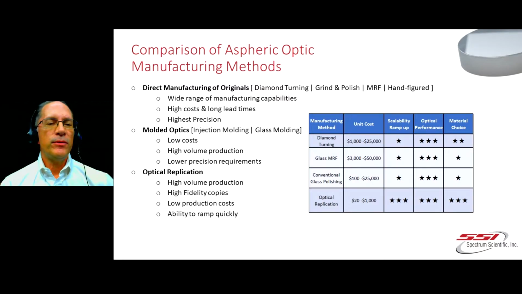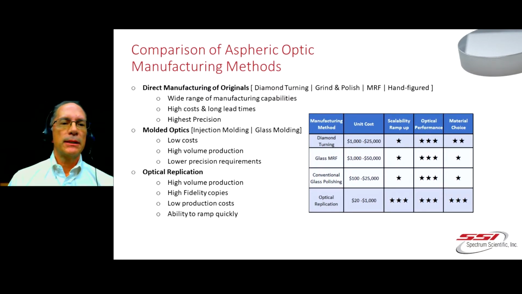So we've got a few different methods of making aspheric optics. Diamond turning. MRF is magnetorheological fluid. That's the most advanced polishing technique these days, and it provides some very nice results.